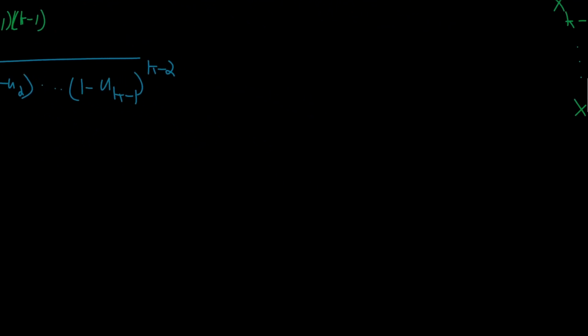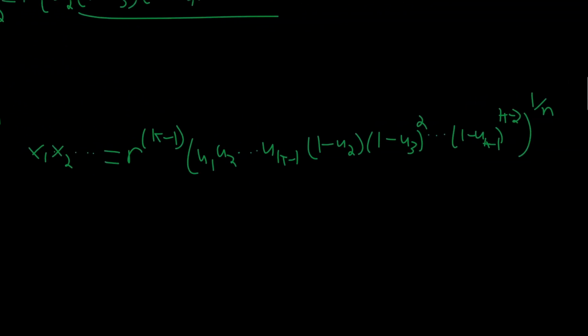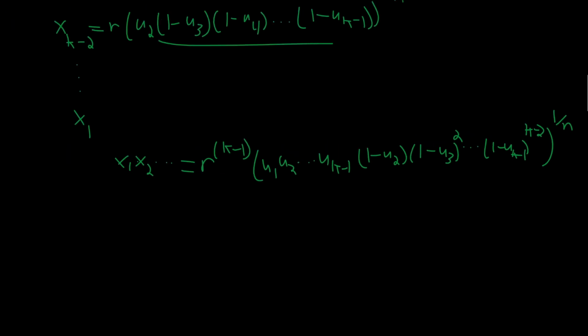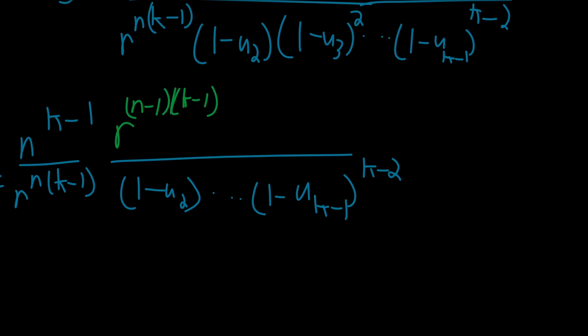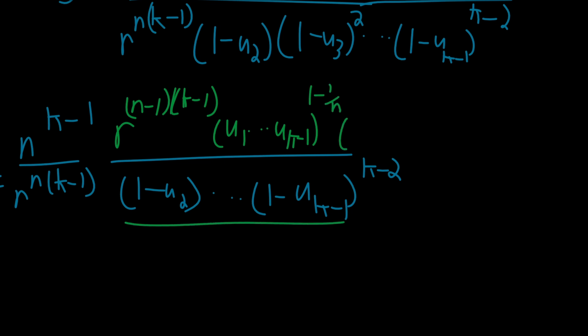And then for this bit right here, we have all of our u1s raised to the 1 over n power, but then we're raising it to the n minus 1 power, actually. So it's 1 minus 1 over n. So we have u1 dot dot dot u_{k-1}, all raised to the 1 minus 1 over n. And then we have our denominator right here. We have, actually parentheses, 1 minus u2, 1 minus u3 squared dot dot dot.